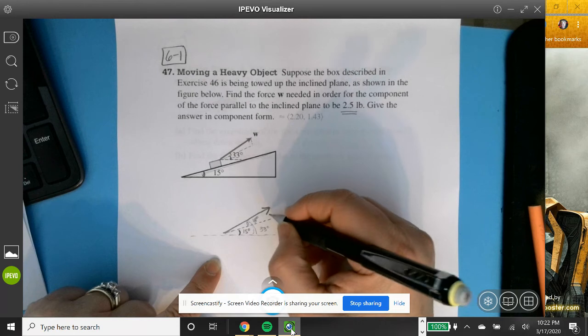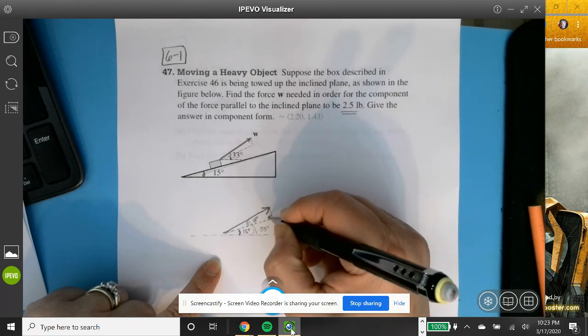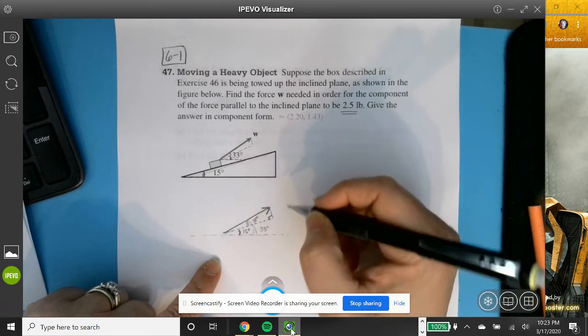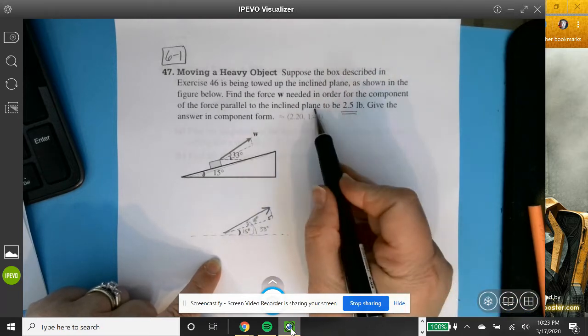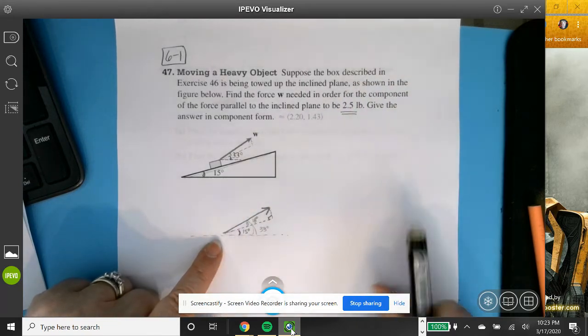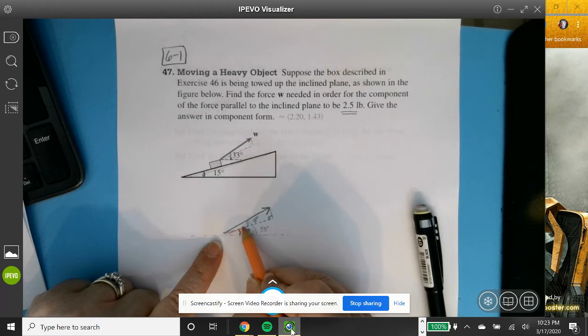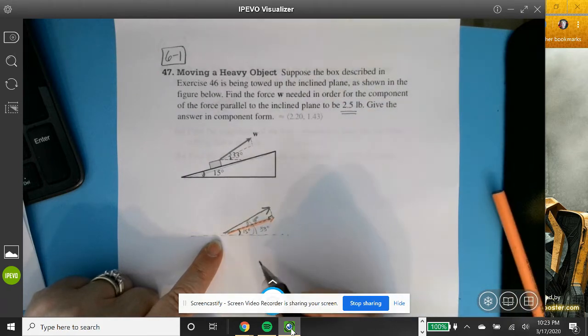Okay, and then I want you to consider this as a right angle here, if I bring this down. Okay, and I want the force parallel to the inclined plane to be 2.5 pounds. So I want this part right here, I'm going to put it in this peachy color. I want this force to be 2.5. Okay, so I have a right triangle there.